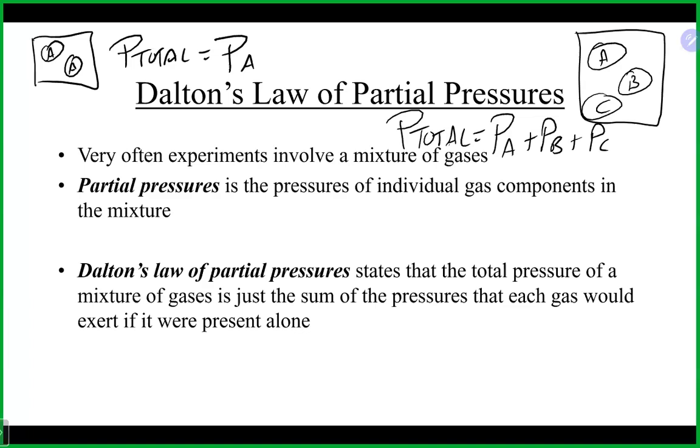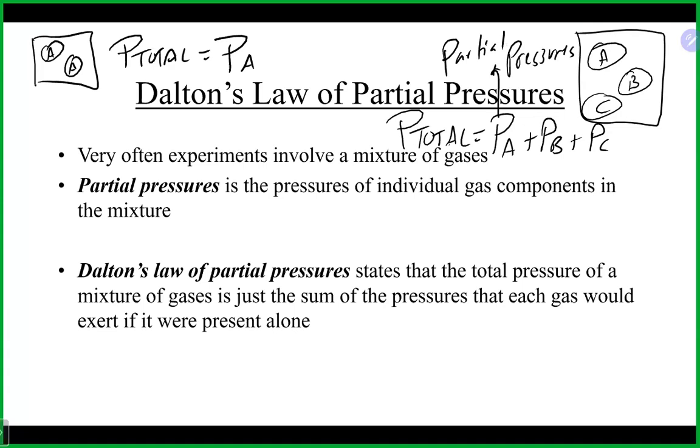These are all contributing to the overall pressure, and these are all what are known as partial pressures. So that would be the partial pressure of A and the partial pressure of B. They're all contributing to it.